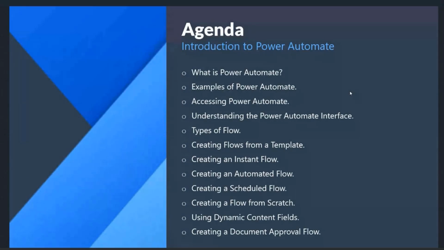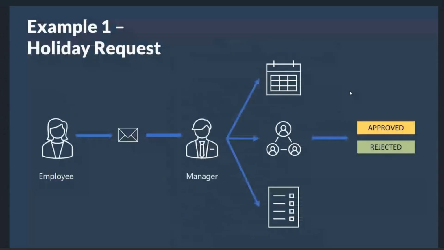An example I might give you of that would be something like a holiday request. Now, I know that a lot of organizations have their own holiday system for requesting holiday. We're going to take it in its most manual, basic workflow. Let's say for a holiday request, the employee wants to request some time off. They send an email to their manager asking for that time off, and then the manager might go away.